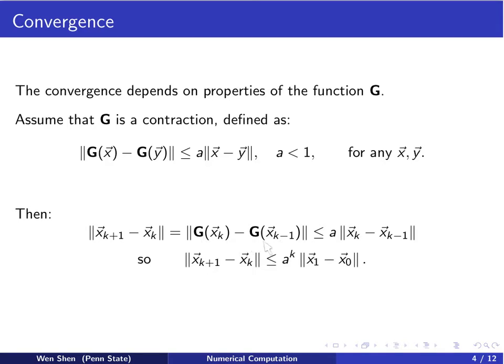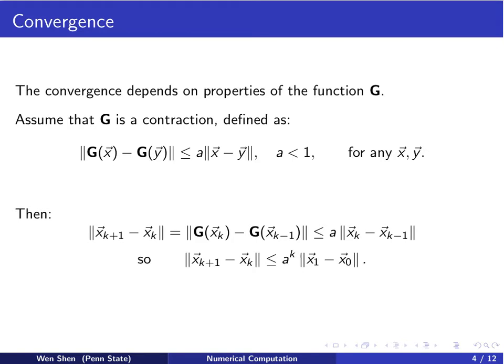And then we use the contraction property, putting x to be xk and y to be xk minus 1, and this shall be less than a times the norm of xk minus xk minus 1. So this is an iteration relation.